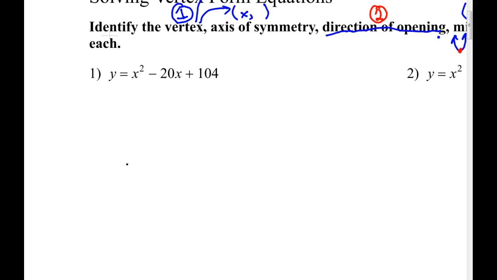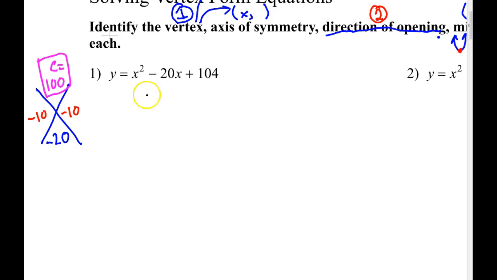So as many of you already went through, you saw this is in standard form, so we have to factor it. Right? We said what two numbers add to -20? It's -10 and -10, which multiply to 100. So this is the C. This is completing the square. That's the number that completes the square. Makes it a perfect square. Right?